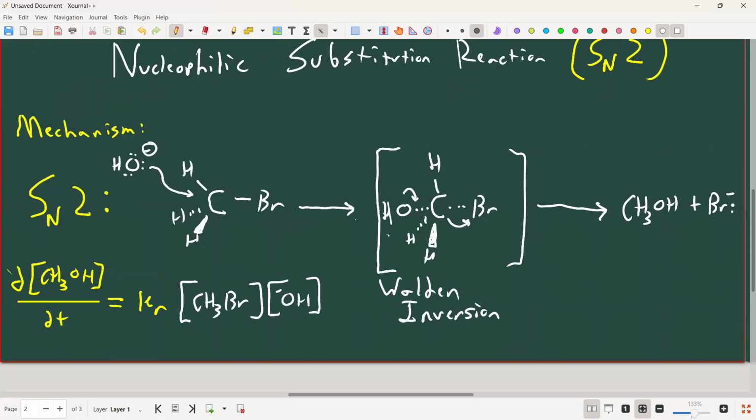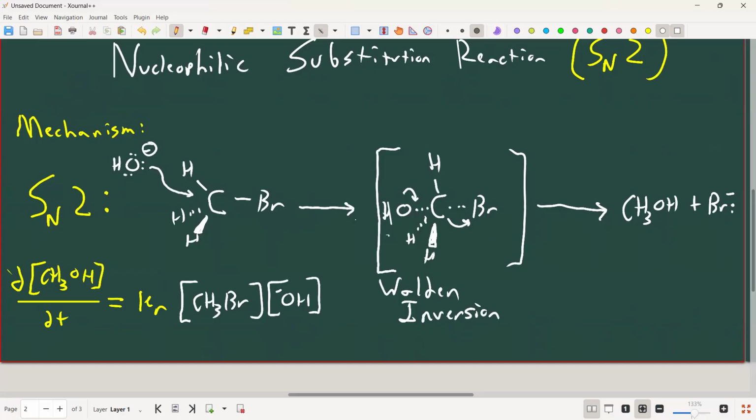Whereas the intermediate that I've drawn here, the Walden inversion intermediate, involves both species, right? Bromine's in there as well. So that should make some sense that we see bimolecular dependence in the rate because they're both involved, right?